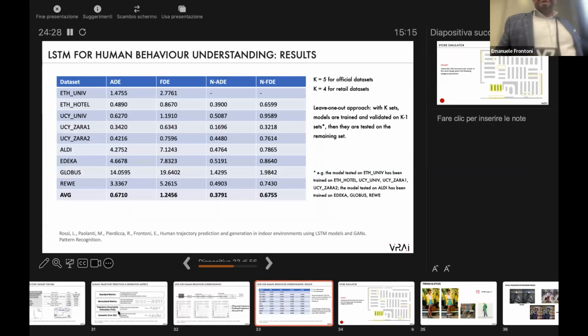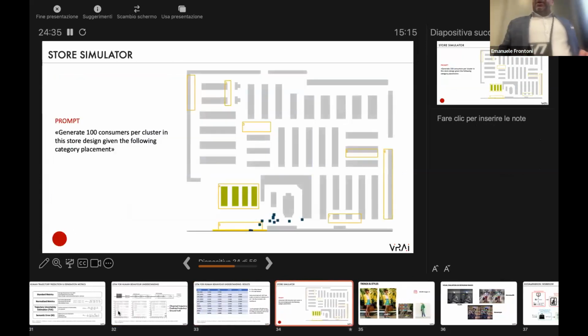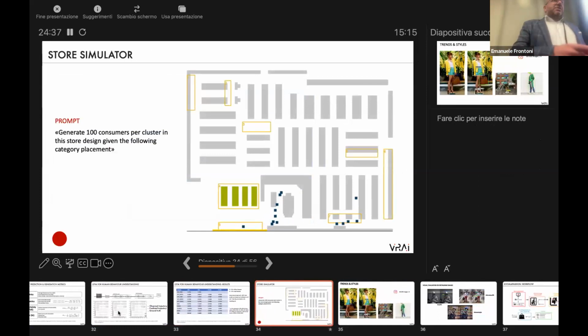Not because of these results, that are part of our history, but mainly because this is part of our new vision. So what is the new vision, and why are we always discussing prompt-based decision support systems? Because this is one of the first trials of having a store simulator.